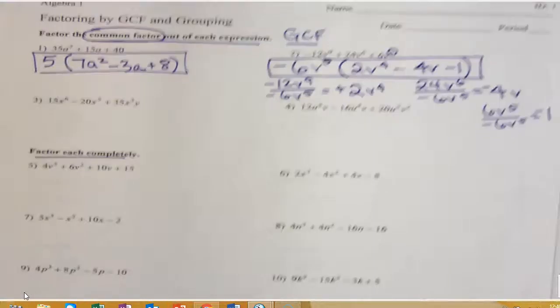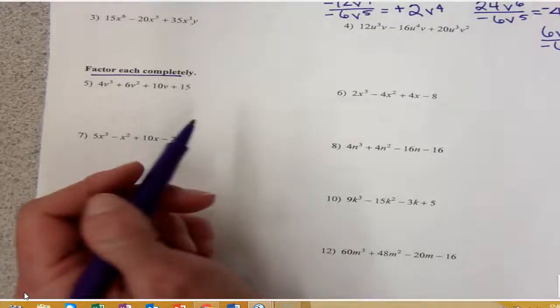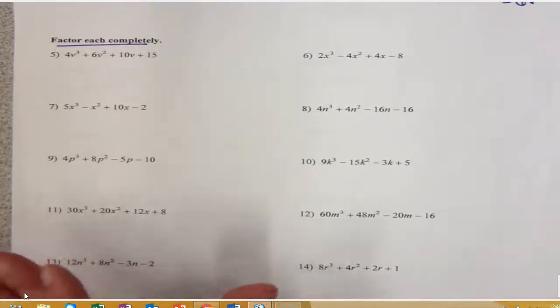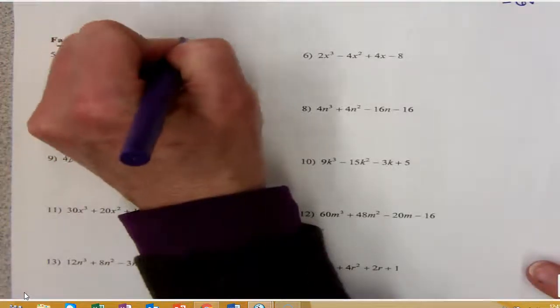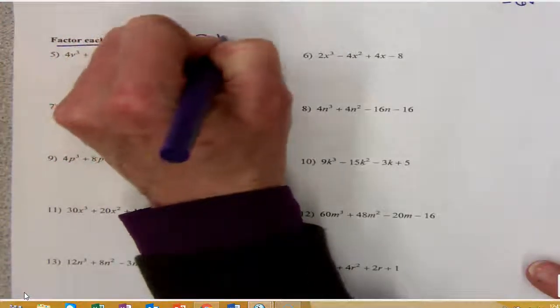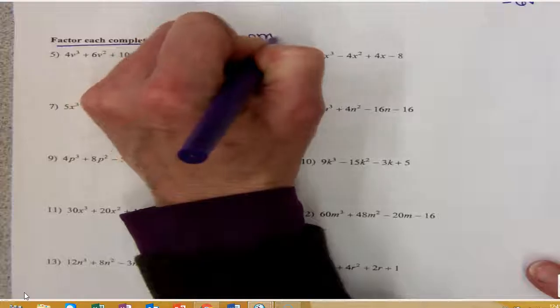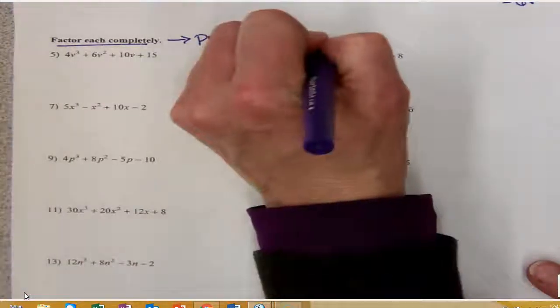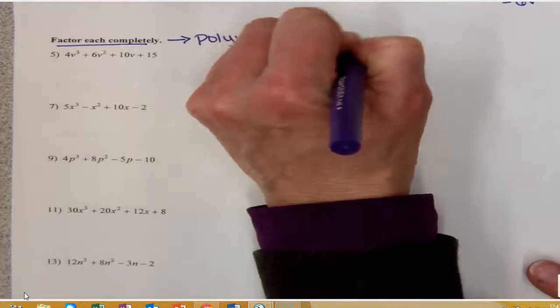Okay. Now, since it says factor these completely, that is when we need to do, notice, these are polynomials. When we factor polynomials, we factor out by grouping.